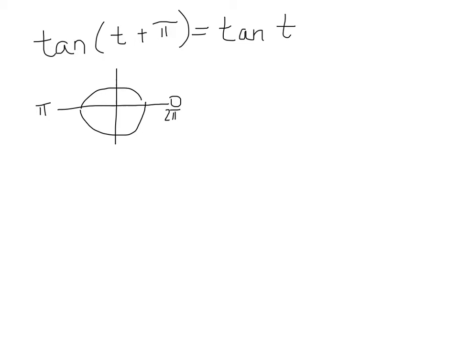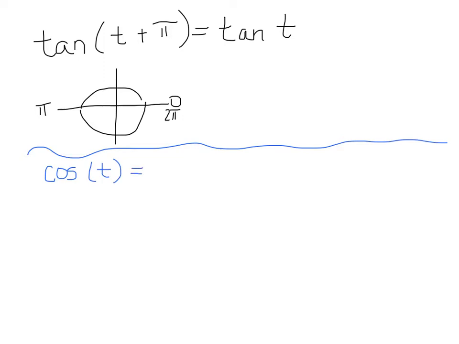Okay, and then to review, we learned previously that cosine is the only even function, which means cosine of a negative angle would be the same thing as finding cosine of the positive angle.